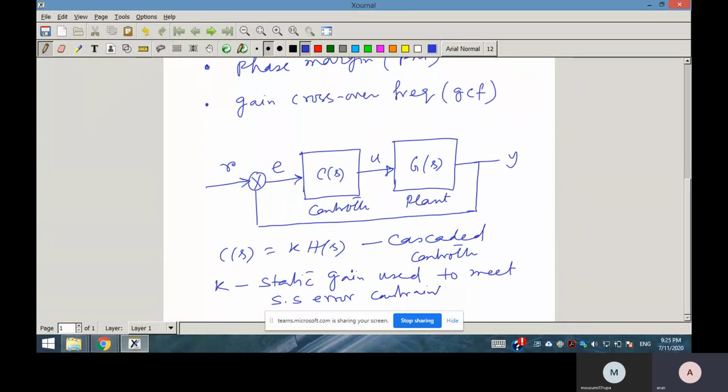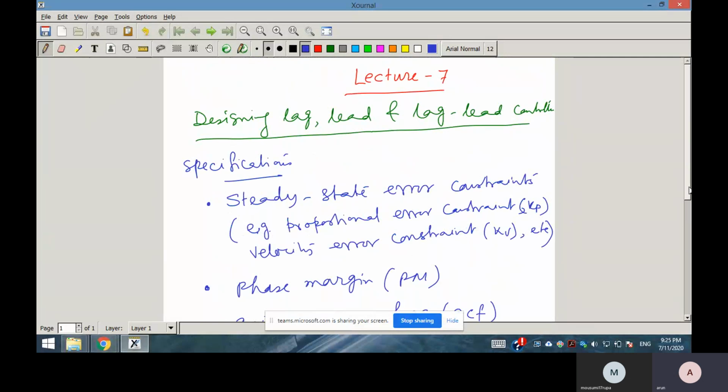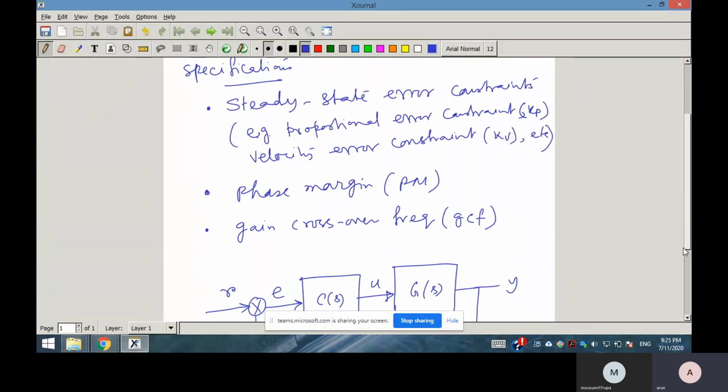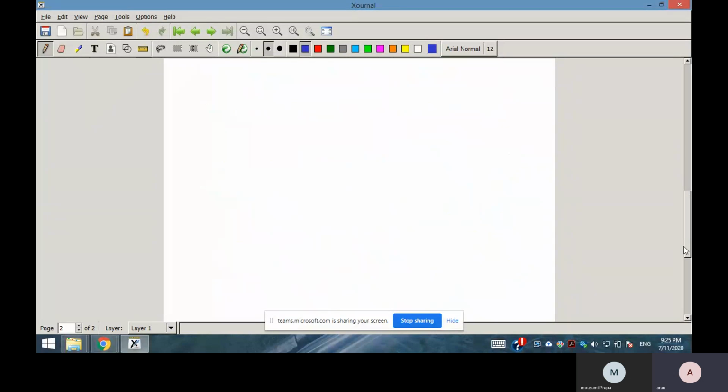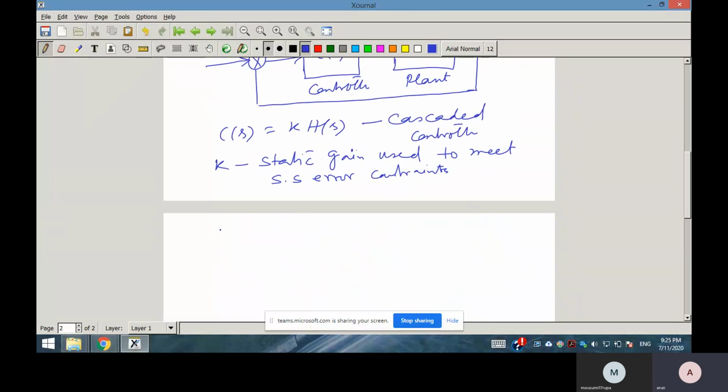I discussed all these things earlier, but before solving a full example, I am again reviewing them so that you can understand easily. This is K, and then your H(s).